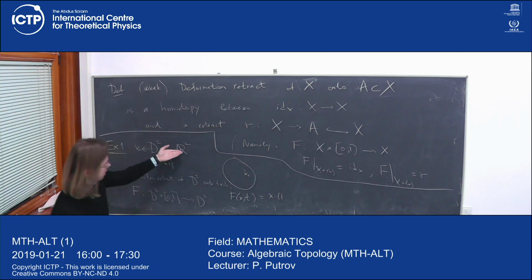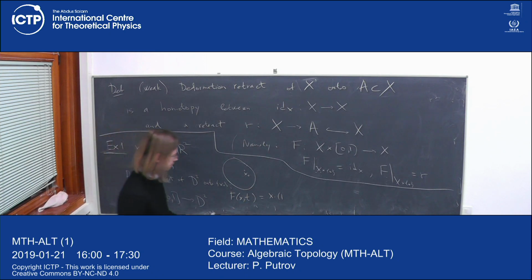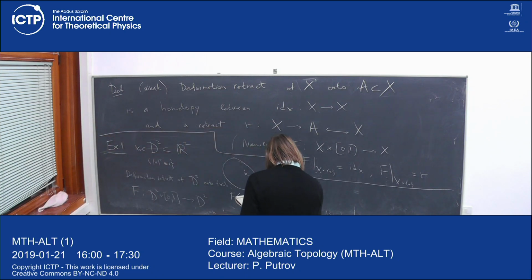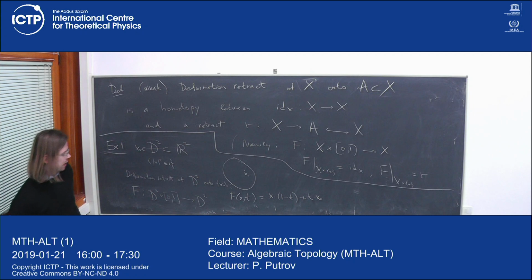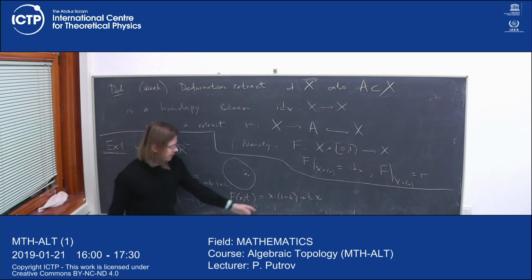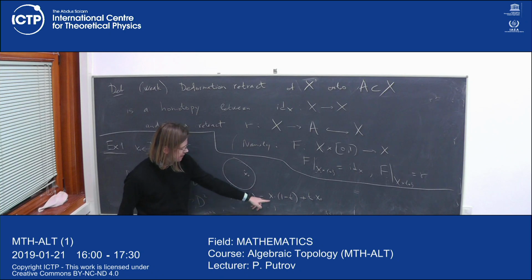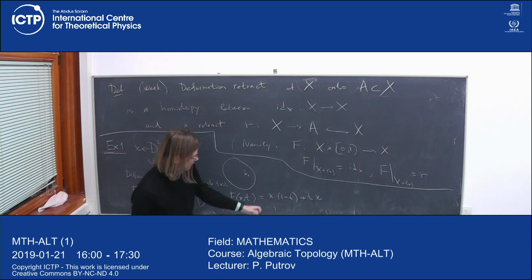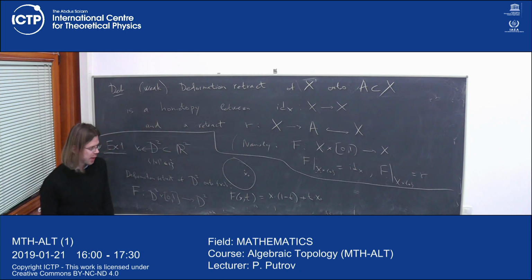Again, I can understand R2 as a linear space where I can add elements and multiply by real numbers. So you can see this is indeed a continuous function, such that if t equals 0, I get the identity, so f(x, 0) is just equal to x, and if t equals 1, this becomes a constant map to a point.